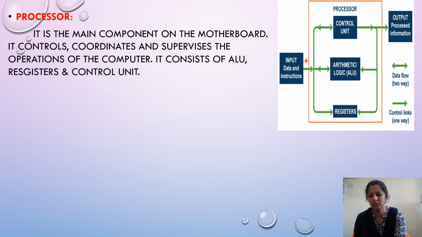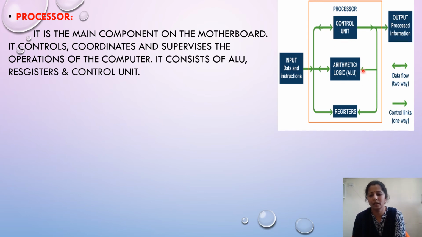Input unit will accept the data from the input device and convert it from human readable format into machine readable format. That data enters the processor to be processed. That processing will be controlled by the control unit.